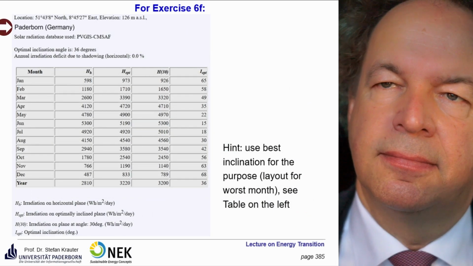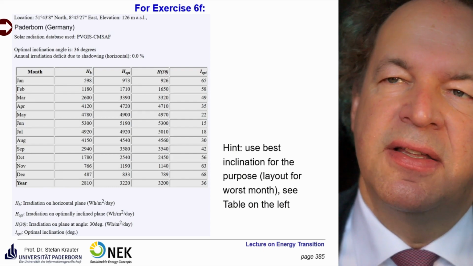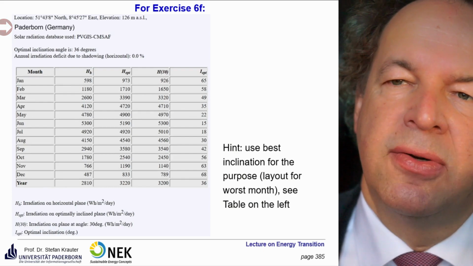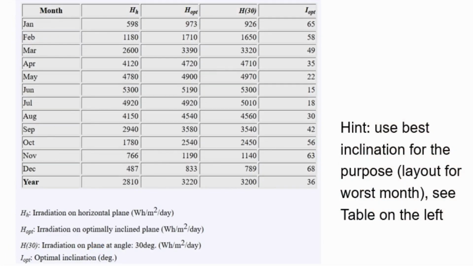So here you have the irradiance values for Paderborn, the different months, and you have different values. The first column is the irradiance at the horizontal plane. Then you have the irradiance at the optimally tilted plane. So the adequate optimal tilt angles are here. Sure, in winter you have a higher tilt angle, and then you have a fixed tilt angle at 30 degrees, so you have this value, which is more realistic.